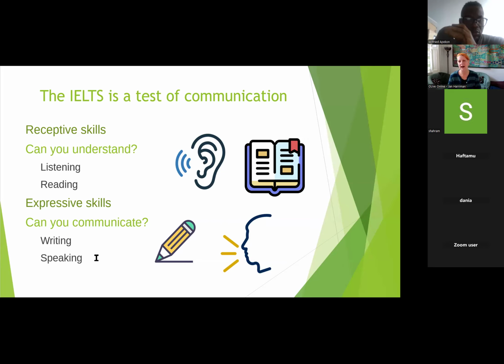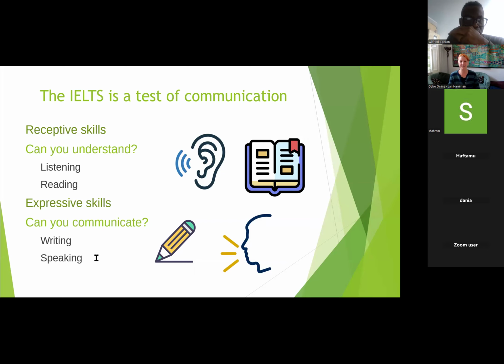In most of our studies, there are things that we must learn, and then we must remember them and use them in the exam. This is completely different. This is purely how can you communicate?